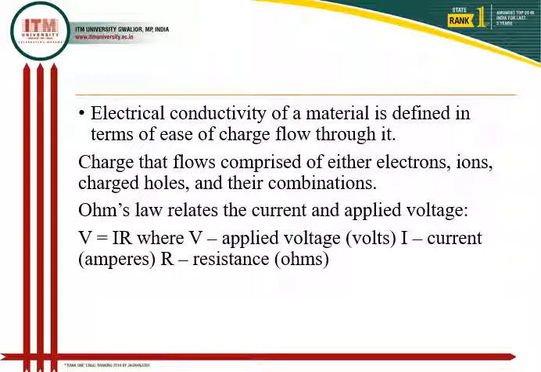The charge that flows may be comprised of electrons, ions, holes, maybe their combinations. And one of the most important laws that we use is V is equal to IR, Ohm's law, where V is the applied voltage, I is the current, and R is the resistance. We classify the material on the basis of electrical conductivity.